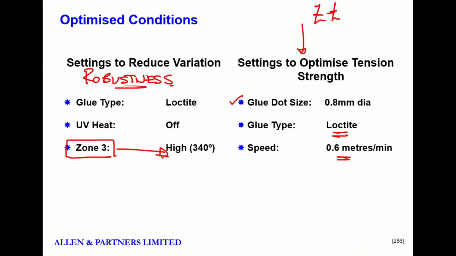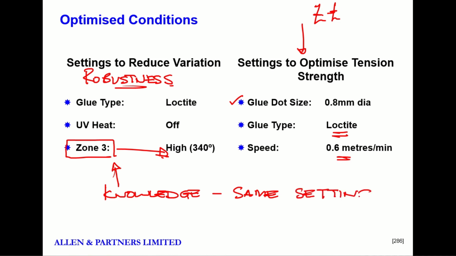And one final thing about this DOE, which is brilliant, is that once we learned this knowledge about our process, every product had the same process settings. This was something we had never achieved before.